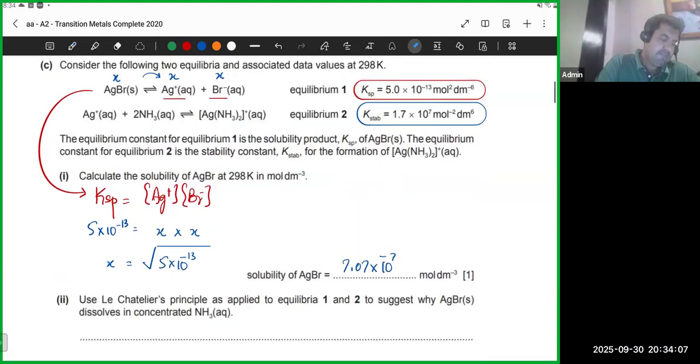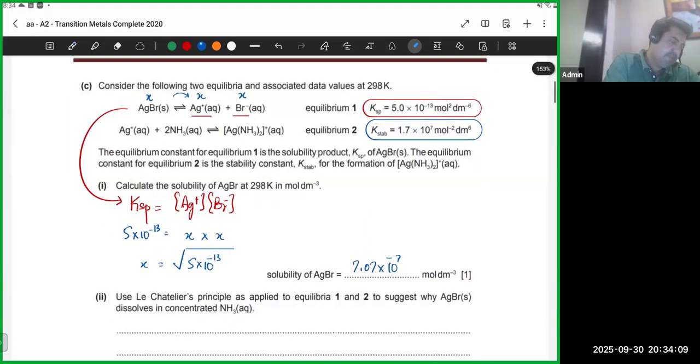Now, in the other part, he's asking, use Le Chatelier's principle as applied to equilibrium 1 and 2 to suggest why AgBr dissolves in concentrated NH3, right?